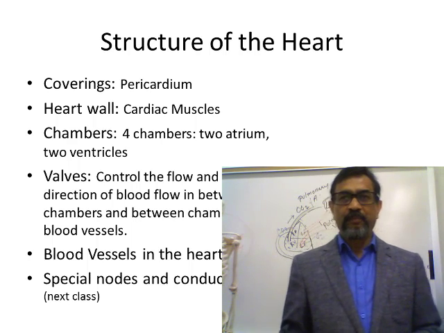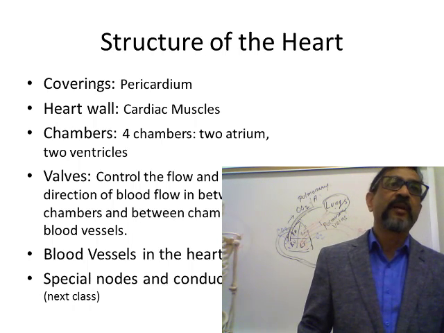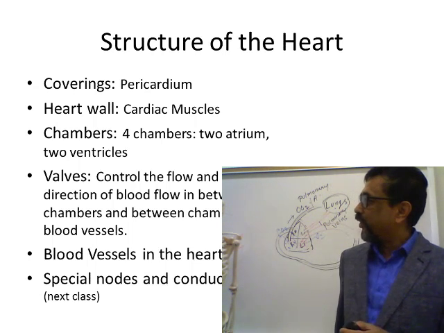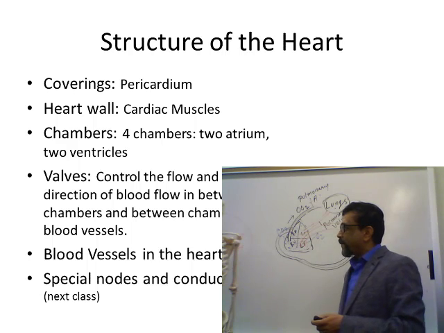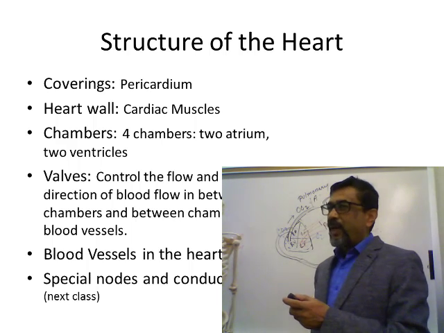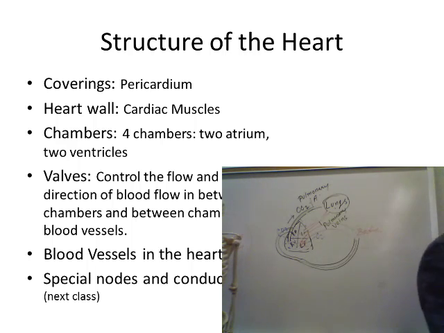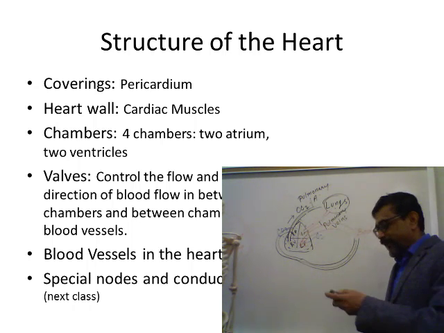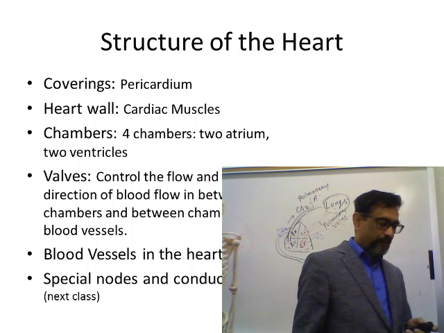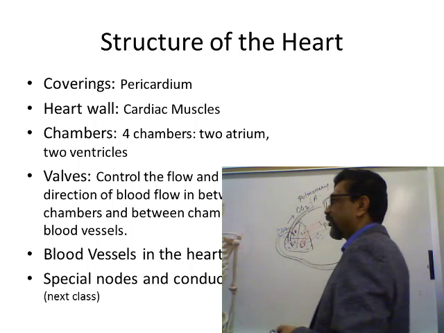Now inside the heart you have the upper chambers and the lower chambers. Valves. There are 4 sets of valves. How many? 4 inside the heart. 2 sets are called AV valves.